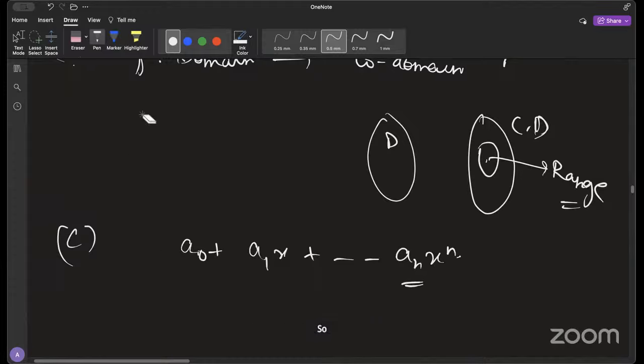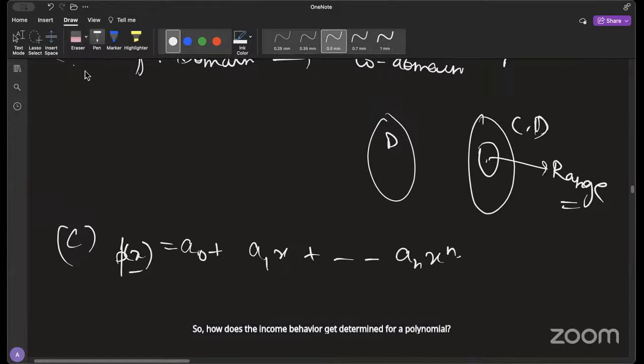How does the end behavior get determined for a polynomial? By the leading coefficient. Odd or even degree is also there, but for now an is going to determine everything, and your n is given to be an odd number.